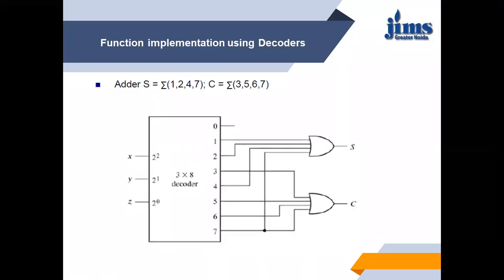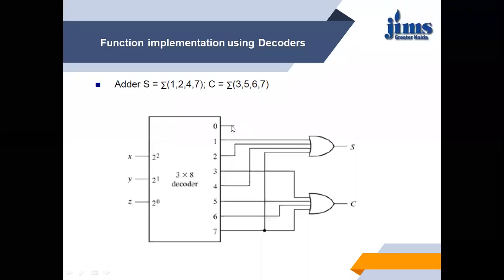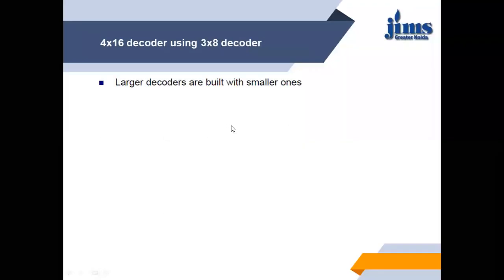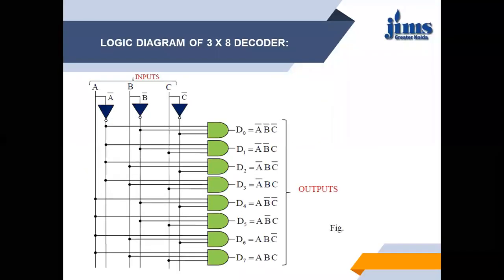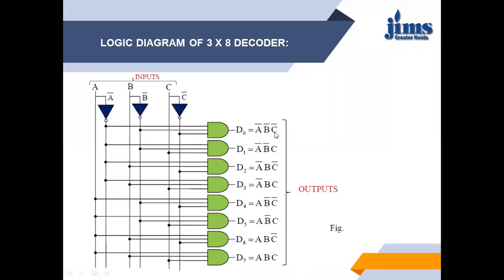For the carry, it is 3, 5, 6, 7. So we again take an OR gate, 3, 5, 6 and 7, and we add it with the help of the OR gate, because minterms are sum of products and a decoder provides product terms. When you see here the example, decoder is nothing but it provides product terms.